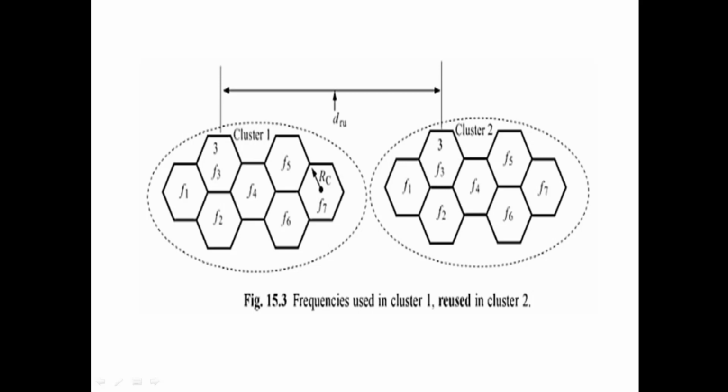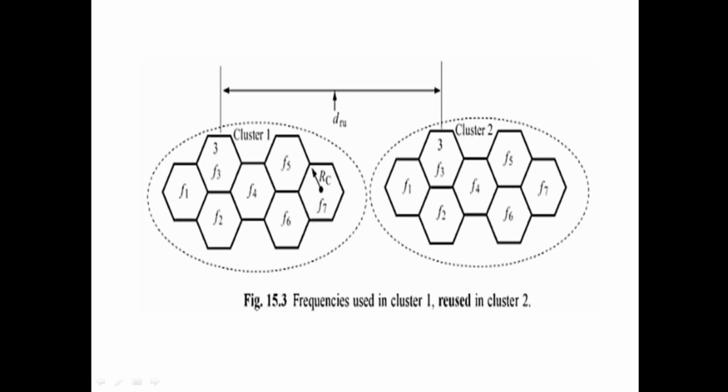You can see that F3 in cluster 1 and the same frequency F3 in cluster 2 are separated by a certain distance, that is the reuse distance, represented in the figure, and Rc denotes the range that the base station can cover.